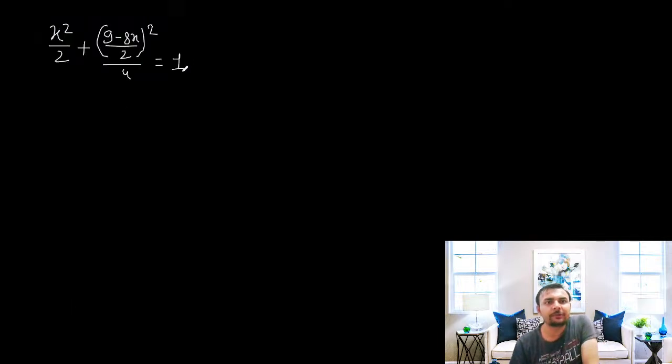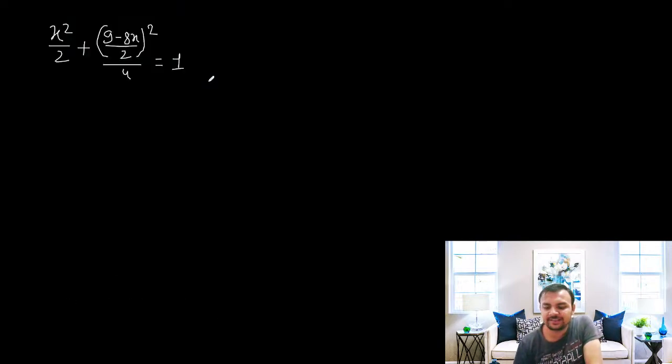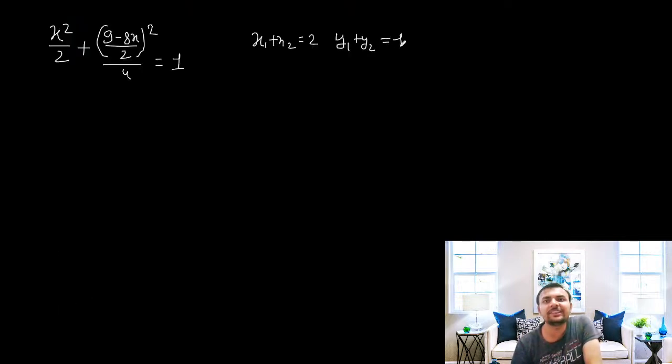Or wait, we don't have to solve. See, the midpoint is 1 comma 2. That means we can say that x1 plus x2 is to y1 plus y2 is equal to 1 because it is the midpoint. So if we solve it, it is x square by 2 plus 8x minus 9 whole square by 16 equal to 1.